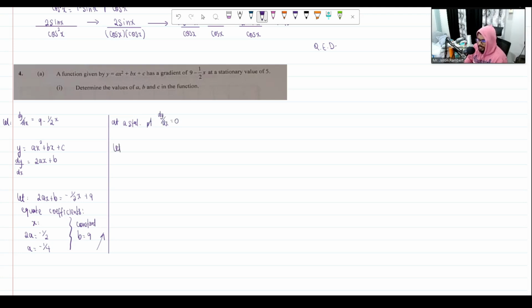I will let 9 take away a half x be equal to 0. Minus a half x is minus 9 and x is equal to 18. So therefore, 18 comma 5 is the coordinate, is the stationary point.